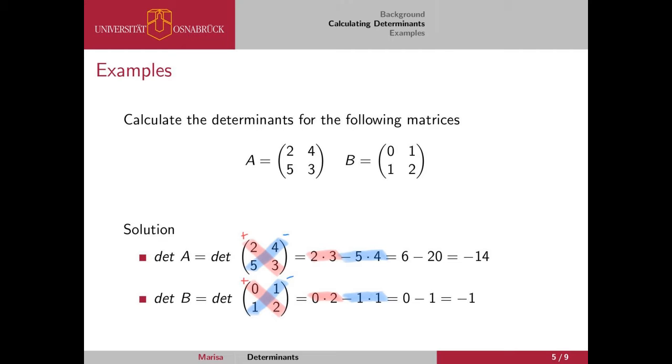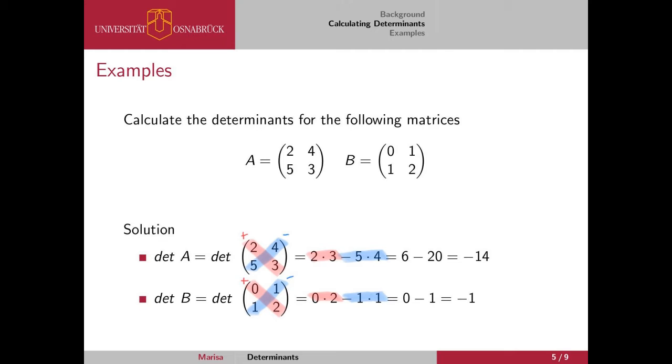As this number is not zero, matrix A is invertible. For matrix B, we do the same. We multiply 0 times 2, and then we subtract 1 times 1, which is 0 minus 1, which is minus 1 in total. Again, this value is not zero, and therefore matrix B is also invertible.